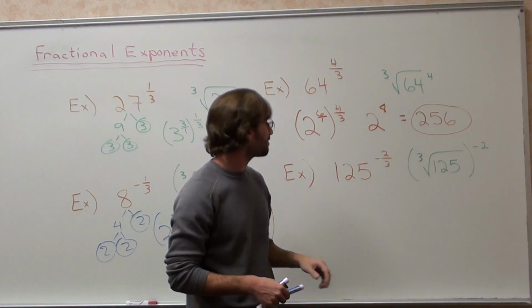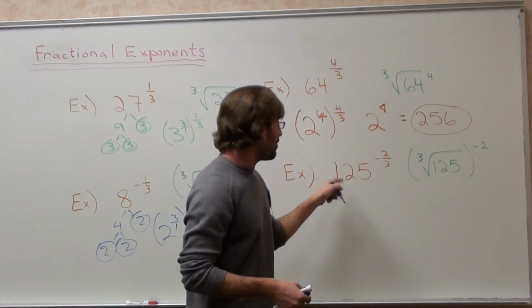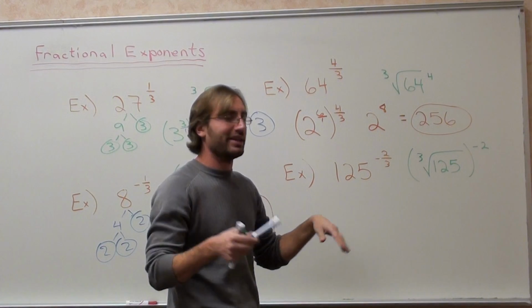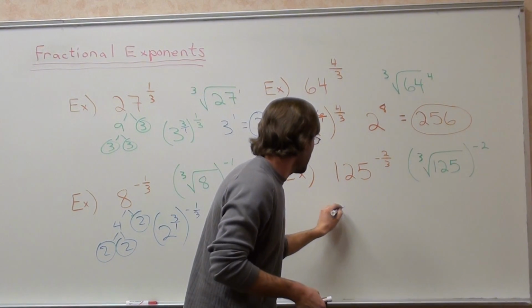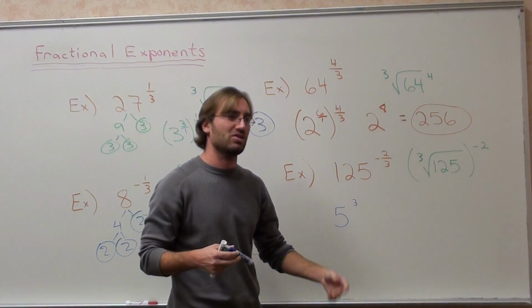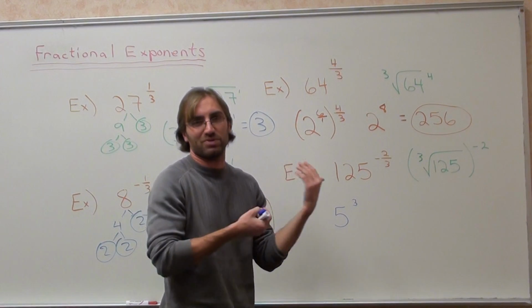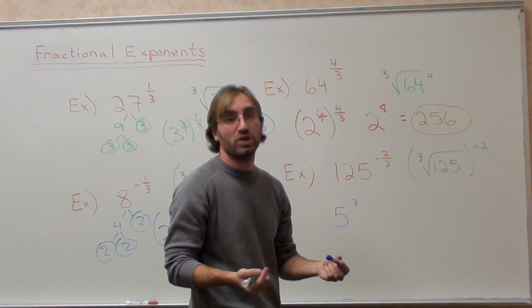This one is 125 to the negative 2/3. So I'm going to split 125. When you split it, it comes out to 25 and 5. 125 is actually 5 cubed. Well, how do you know that without doing it? I just do this a lot, and you get better with it. I promise you, if you do it a lot, you really will get better with it.